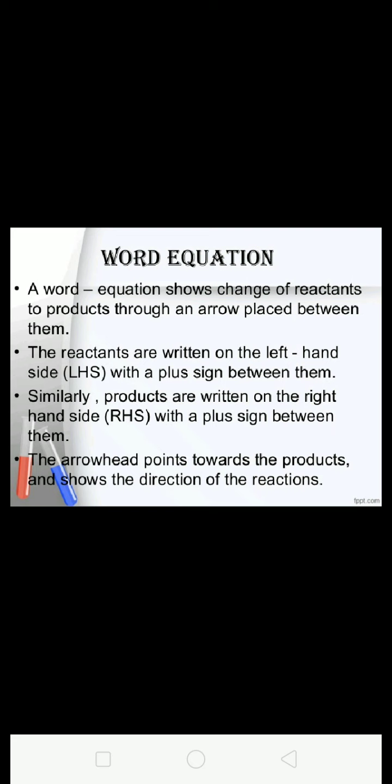Those substances which are combining are called reactants, whereas those substances which are formed are called products. The reactants are written on the left hand side, with a plus sign between them. Plus sign indicates that they combine, whereas the products are written on the right hand side. If more than one product is formed, you separate the products with a plus sign.